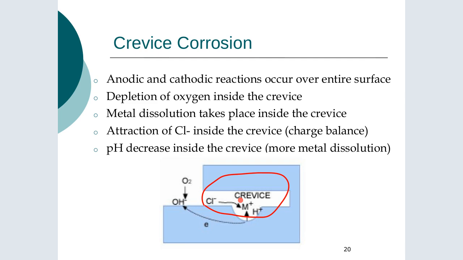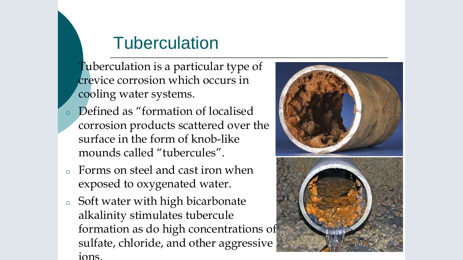So in your design, you want to design so that things drain out quite easily, so there are no areas where the flow will grind to a halt and the fluid will just sit there. And you can see in this crevice, stuff will sit in there. It's not going to move out of there. You get this change in the local environment and you get an increased rate of attack. Okay, so again, that's quite insidious. If we look at tuberculation, it's considered a type of crevice corrosion.